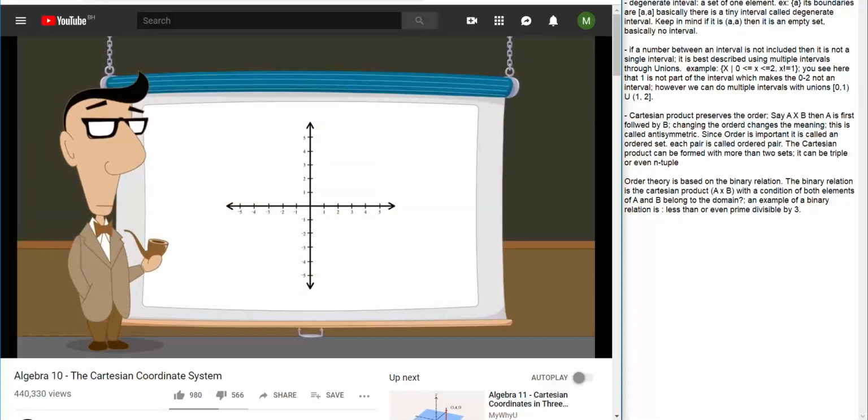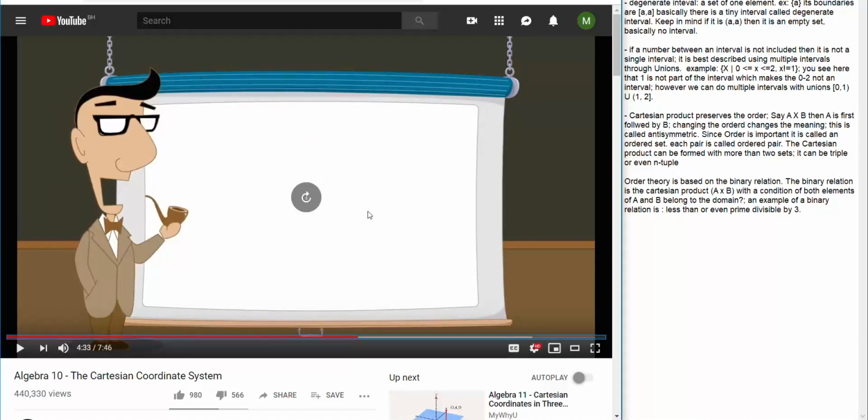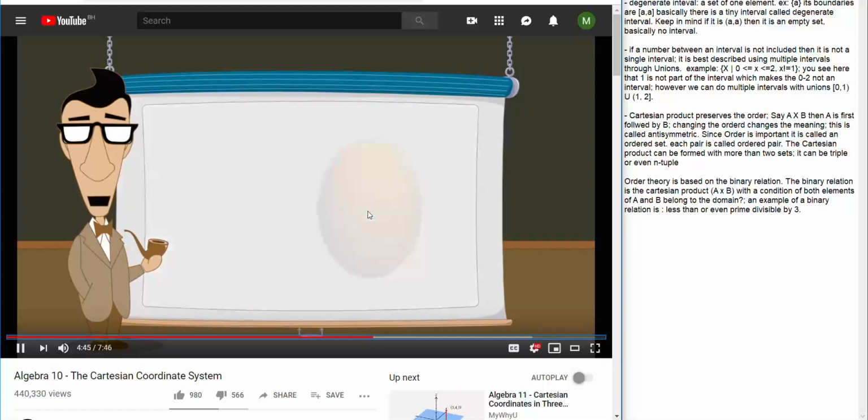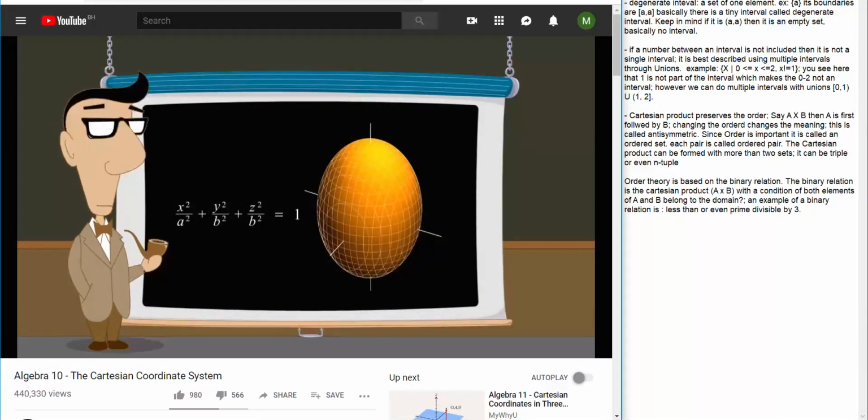This system for visualizing ordered pairs of real numbers as points is called the Cartesian coordinate system. Yeah. And then he was just saying that Descartes published La Géométrie in 1637, which describes geometric shapes by algebraic equations.